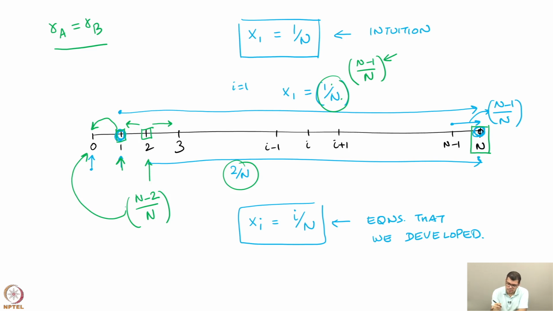What this also means is that neutral mutations, so x1 being equal to 1 by n, also means another thing.